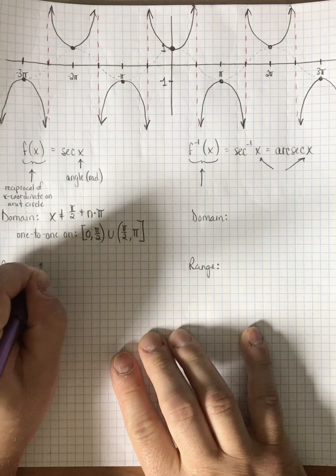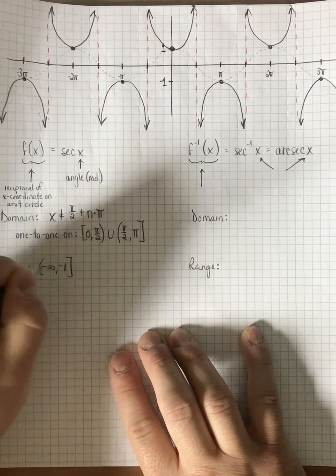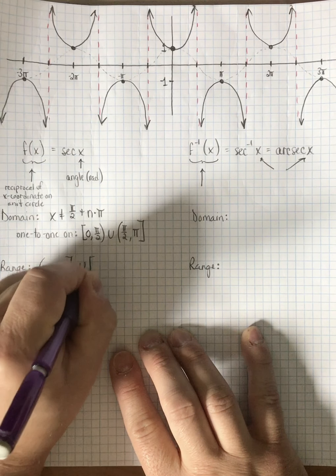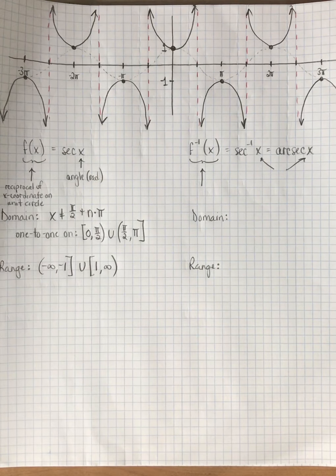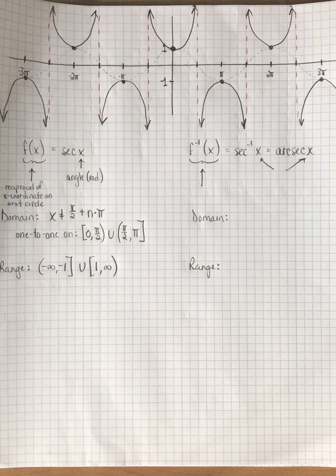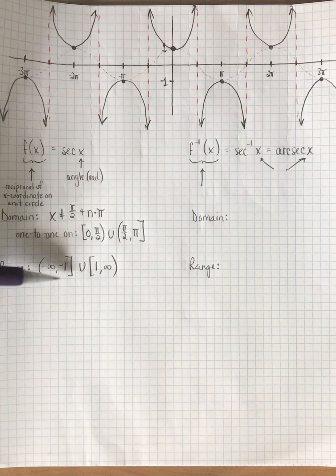So the range goes from negative infinity up to -1, and then goes from 1 up to positive infinity, so that it's always larger in magnitude than 1, to correspond with the fact that cosine is always smaller in magnitude than 1. So, obviously, some unique kind of things going on here that you don't often see in most functions.